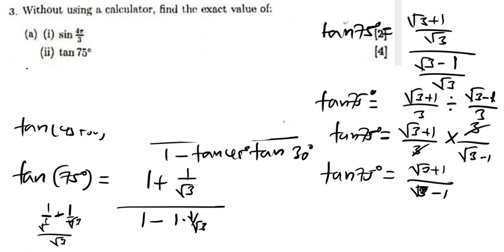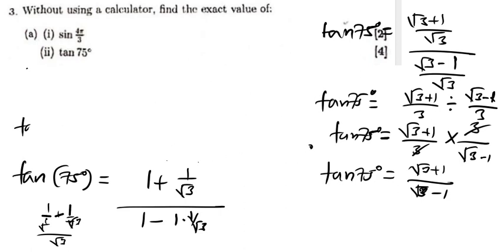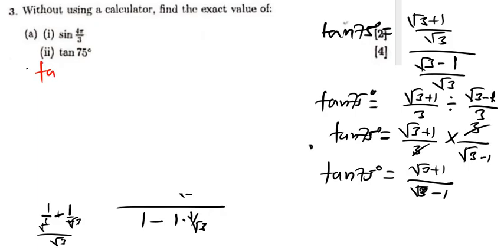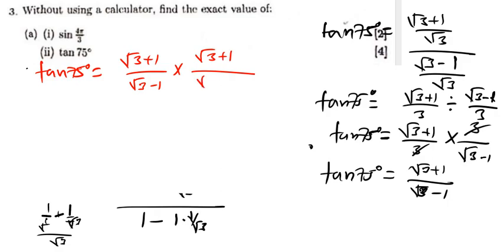The best thing is I need to rationalize the denominator. So tan 75 degrees is equal to, so now this one I will rationalize. So root 3 minus 1 times root 3 plus 1, because the conjugate of the denominator is that.